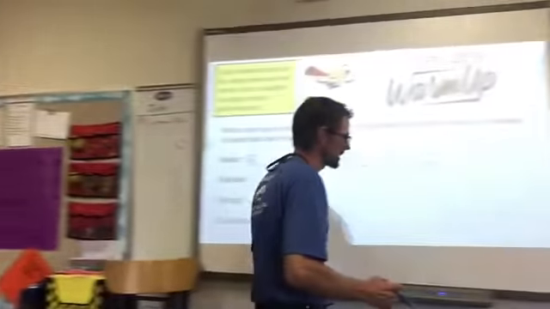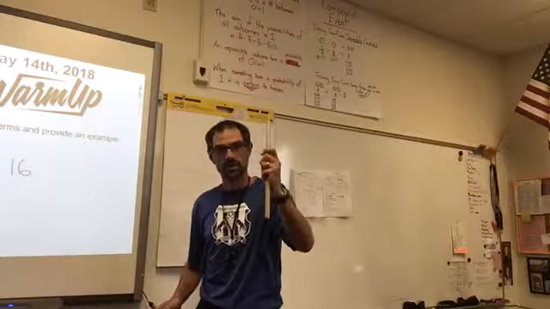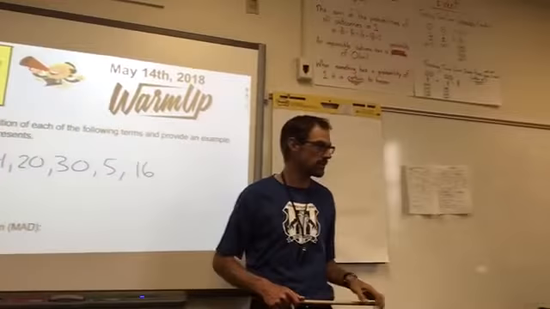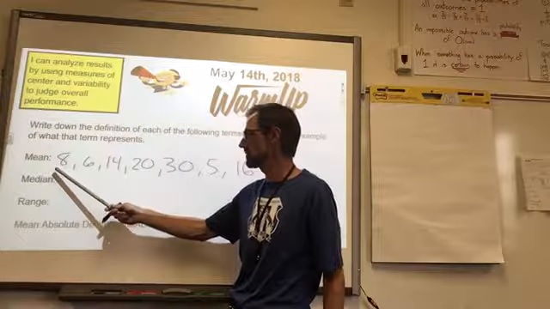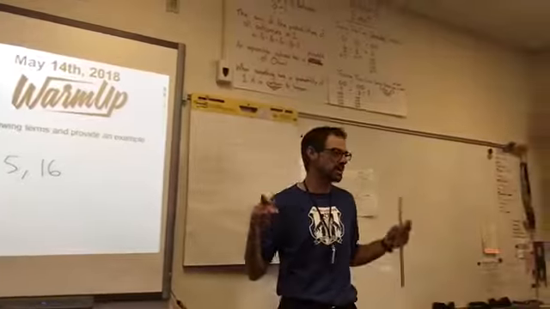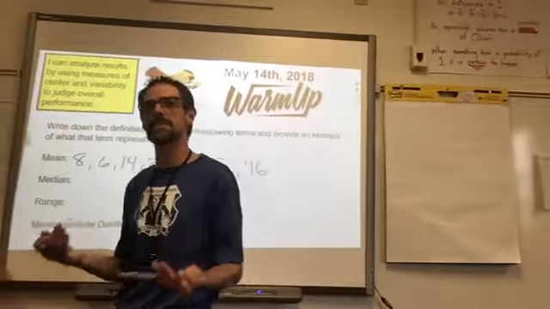That's our data set. The mean would be to take all of them added together and divide by the number of numbers. I add them together, I figure out how many values I have: 1, 2, 3, 4, 5, 6, 7. I would divide by 7, and that's going to give me my average, my mean.